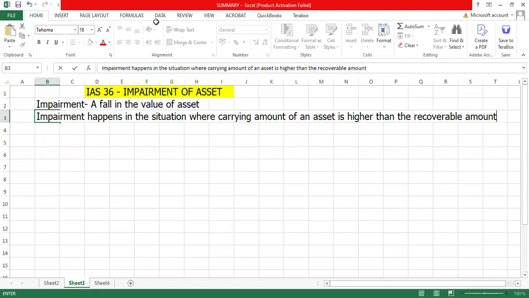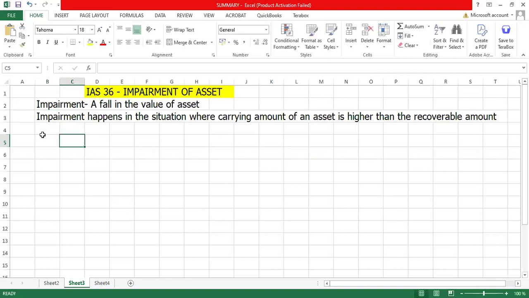So once you realize that the carrying value of an asset is higher than the recoverable amount, automatically there would be an impairment. The difference is impairment.